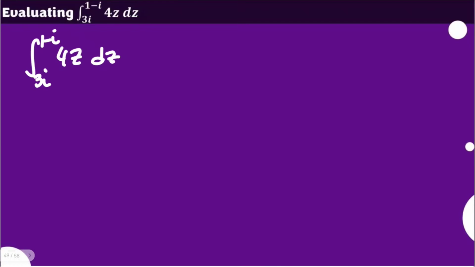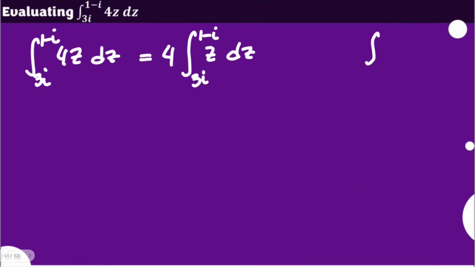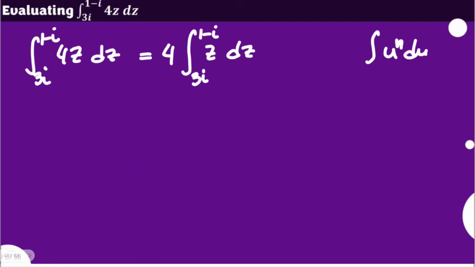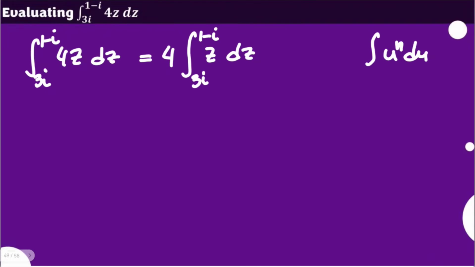By linearity property, we can take out 4. Then you have here the integral of z dz from 3i to 1 minus i. Now, this one here, we know that that's similar to the integral of u to the n du, but your n here is 1. Yes, we'll be using the same rules as we had during the real numbers.